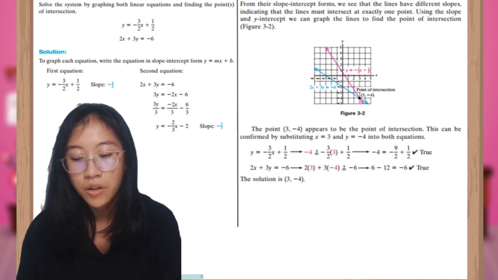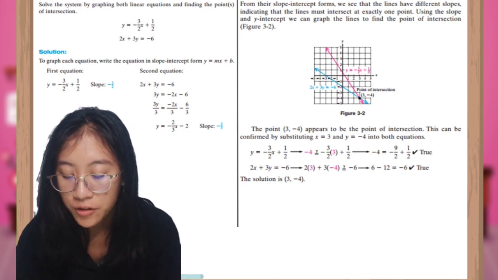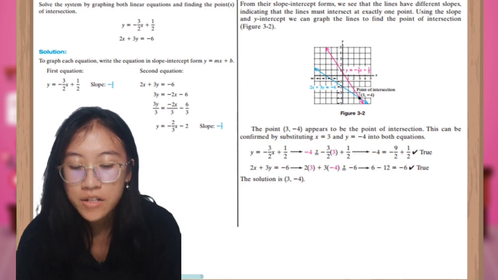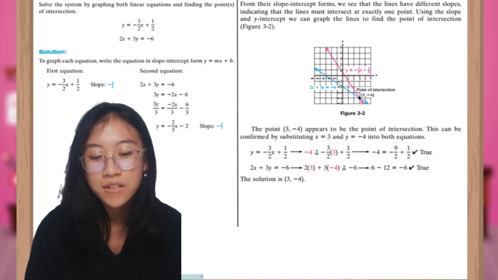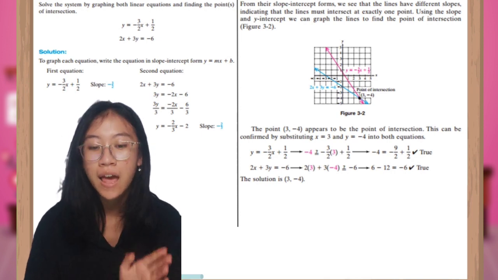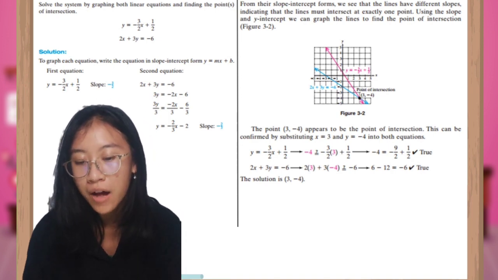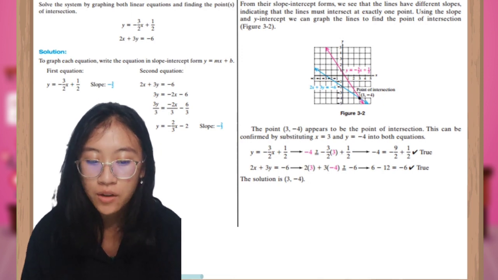The first equation you can look at on the slide, and the second equation you can see also. For the slope intercept forms, we see that the lines have different slopes, indicating that the lines must intersect at exactly one point. Using the slope and y-intercept, we can graph the lines to find the point of intersection.